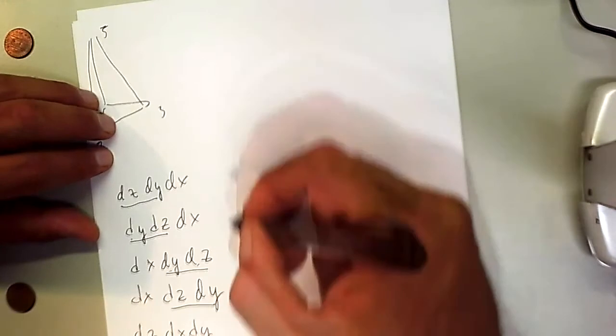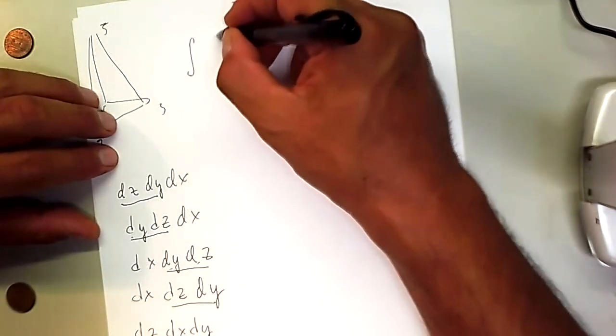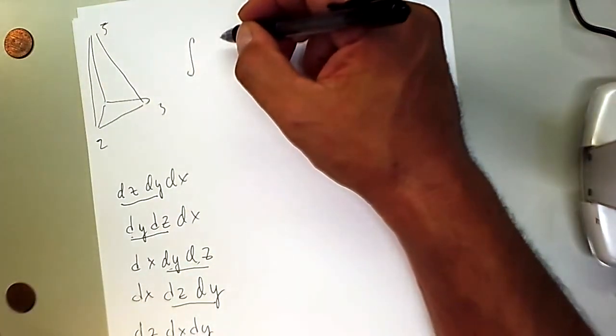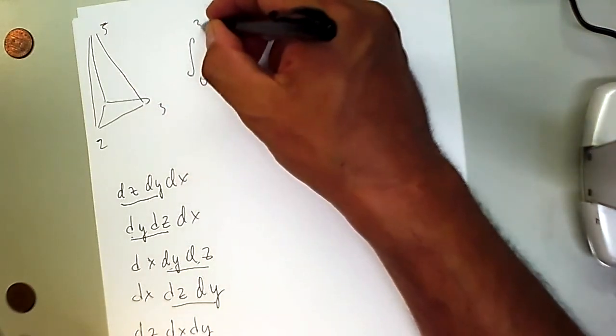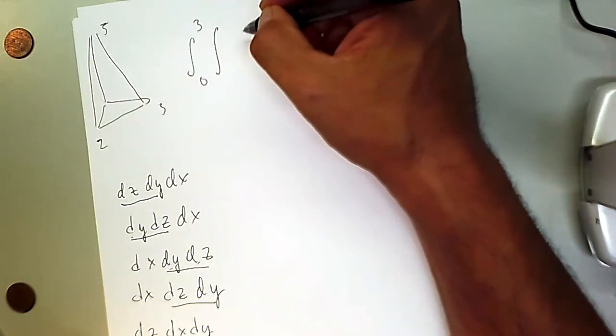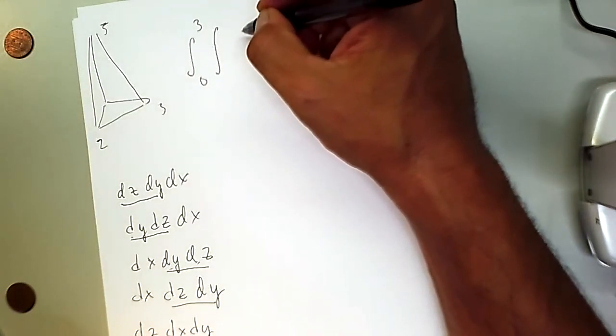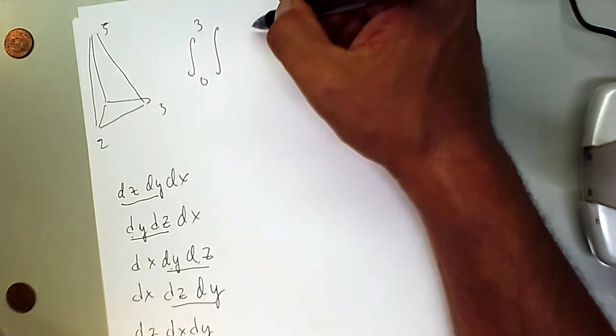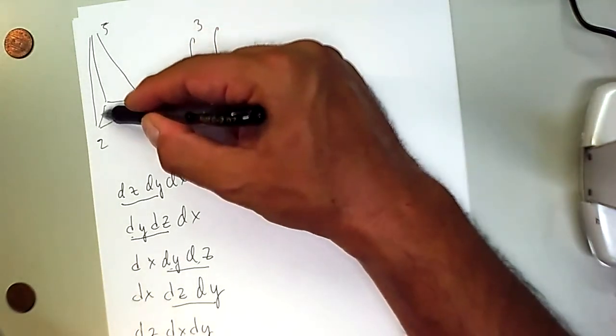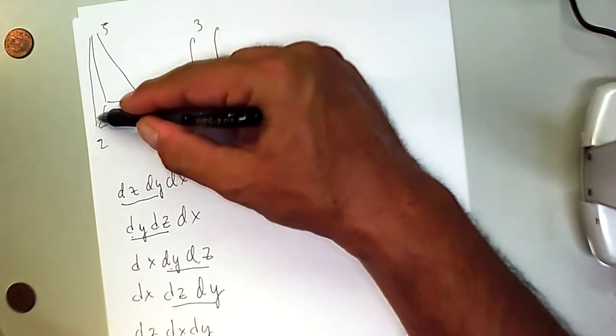Let's see. So the triple integral. Okay, so the last thing we're going to do is y. Y can go only up to 3. Then the one before that has to do with x. The first one has to do with the z. So the z would flatten, and we just have a 2 and a 3 involved.